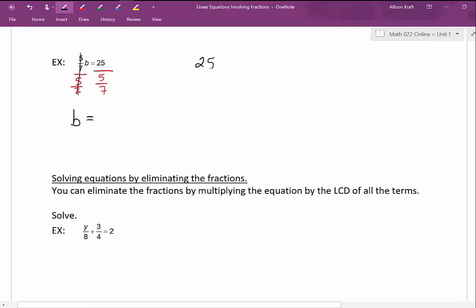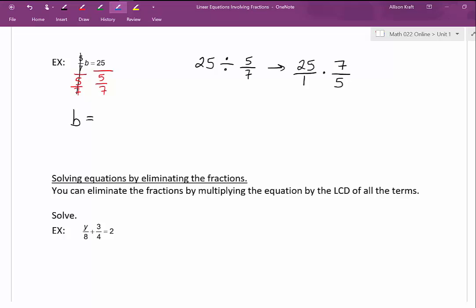We have 25 divided by 5/7. When dividing fractions, we multiply by the reciprocal of the second fraction. This becomes 25, and I'm going to put that over 1, times the reciprocal of 5/7, which is 7/5. When multiplying fractions, we can either multiply straight across and then simplify, or we have the option of simplifying first any numerator with any denominator.